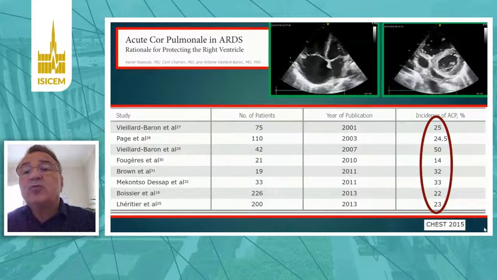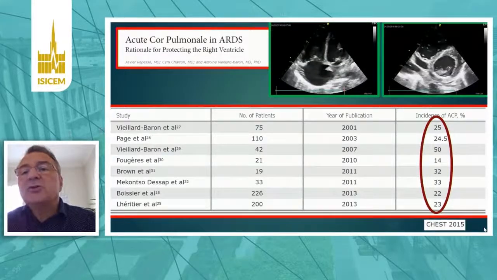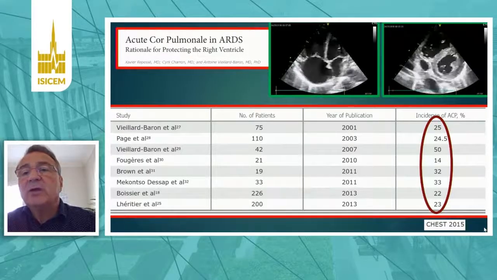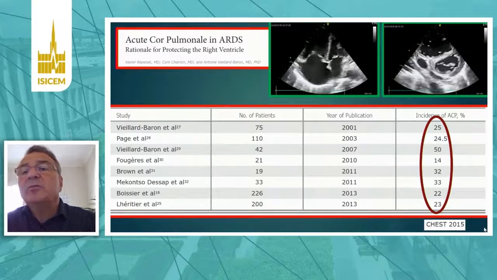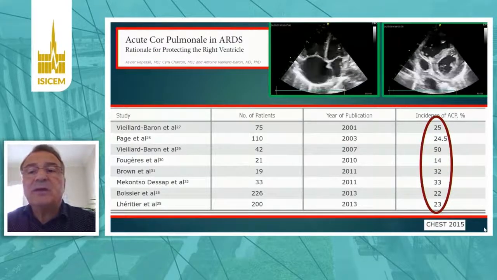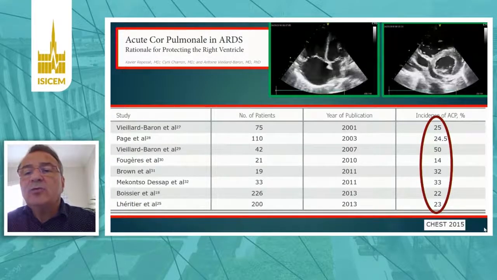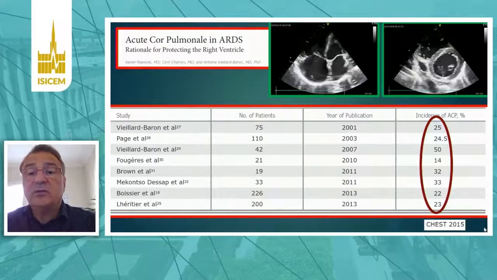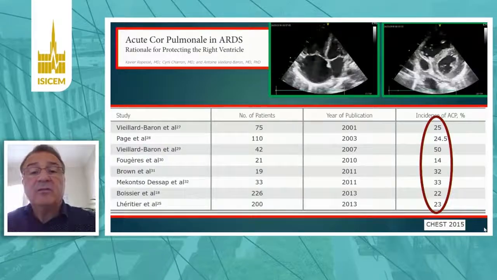As well, due to the systolic inversion of the pressure gradient between the right ventricle and the left ventricle, you may have a paradoxical septal movement with what we call a D shape of the left ventricle. And so acute cor pulmonale could be associated with ARDS in up to 50% of cases, as was well demonstrated in this study.